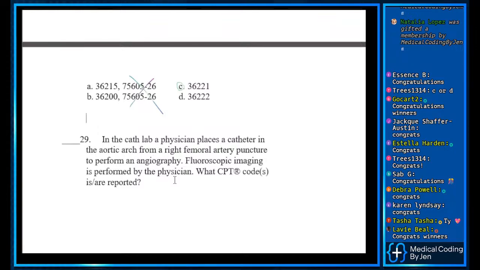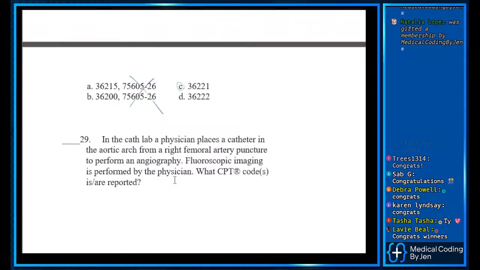All right, guys, so our differences between our 36222, let's go look. 36221. If you notice inside its CPT code descriptor, it does say all associated radiology supervision and interpretation is included, including an angiogram, all kinds of stuff.